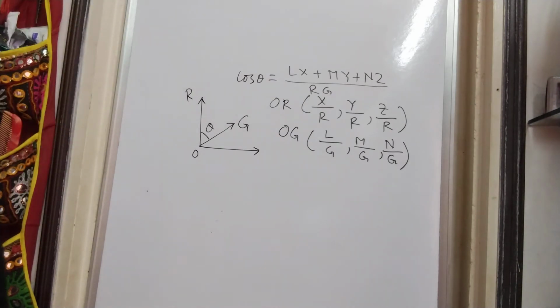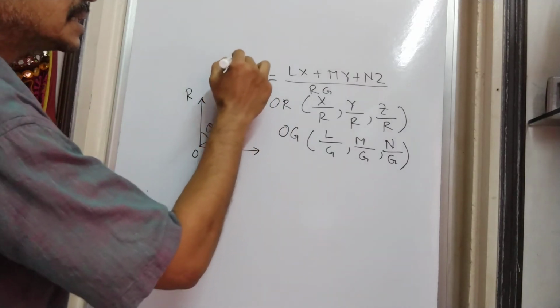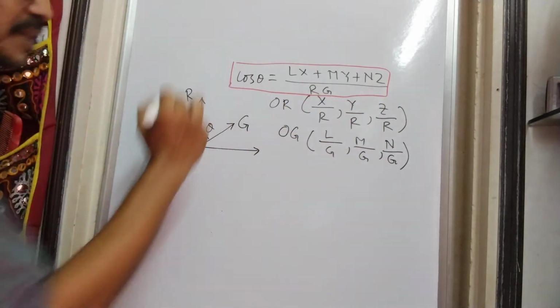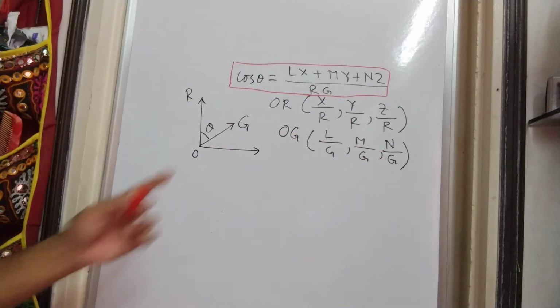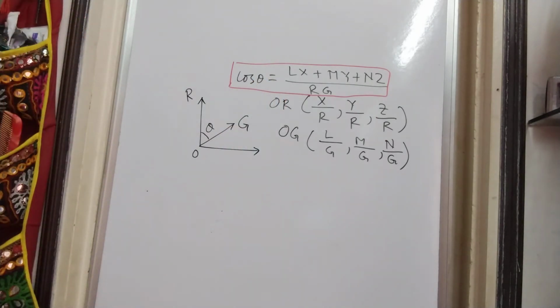This is our angle between these two directions. This is clear from our notion of 3D geometry, and this is a very important expression, which is why I write it at the top of the board.